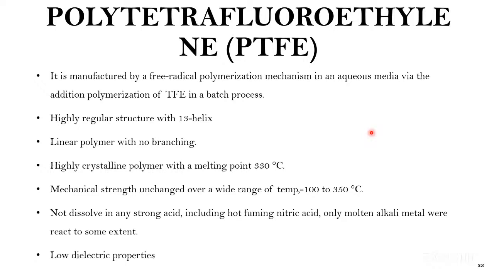There are steps in converting into the fluid state, because as they are highly crystalline, when I provide the temperature, the crystalline phases present in the polymer will not suddenly change into liquid. So that is the reason I can say that in this particular range, -100 to 350, the mechanical strength will not be affected.